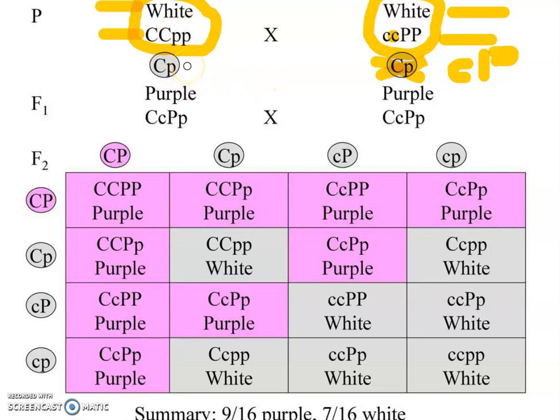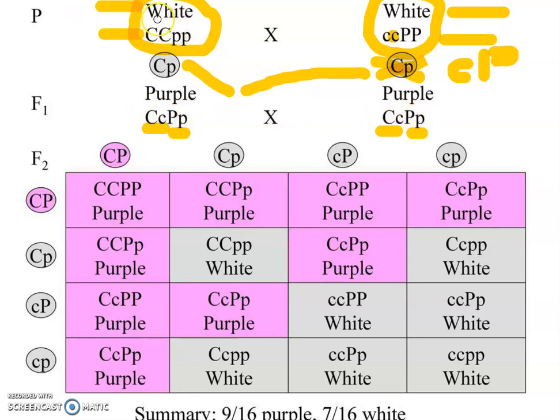When these two gametes come together, the first generation develops capital C, small c, capital P, small p. So in the F1 generation they form a heterozygous condition: dominant and recessive for each gene.